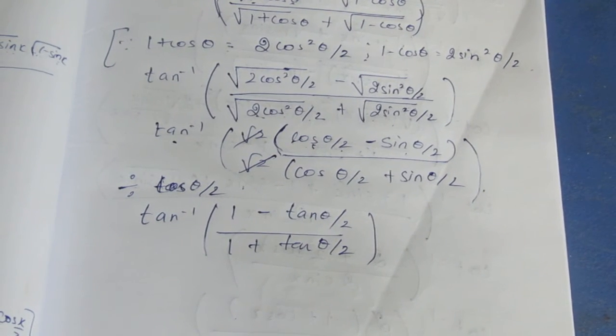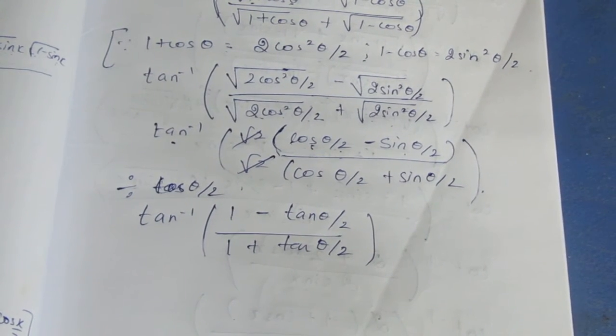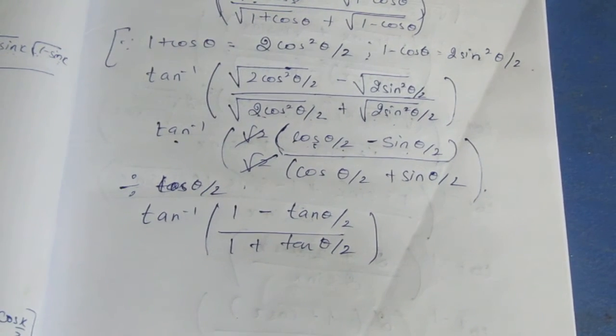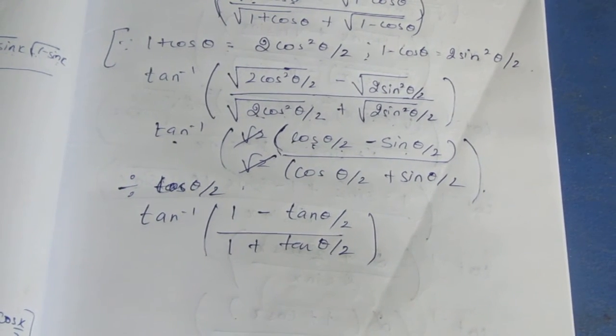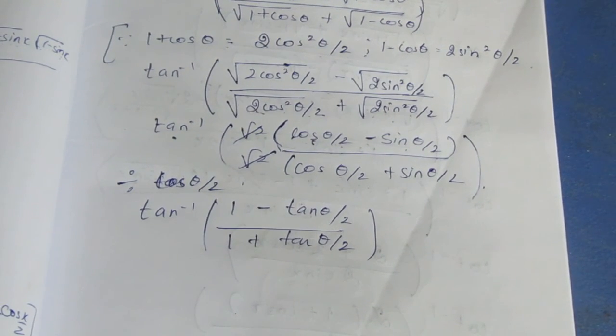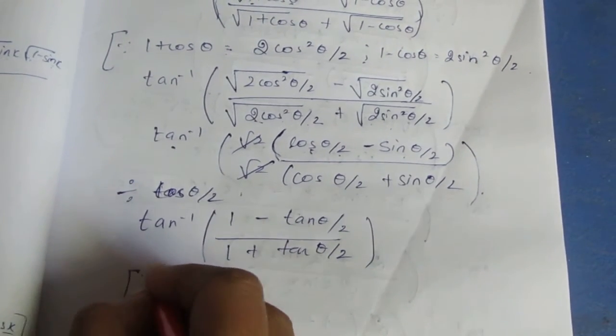Here in the place of 1 I can substitute tan pi by 4. Pi by 4 is 45 degree, and tan 45 degree is nothing but 1. So in the place of 1 I can substitute, because if you get 1 plus tan theta by 2 or 1 minus tan theta by 2 in the numerator and the denominator, we can introduce the formula here.